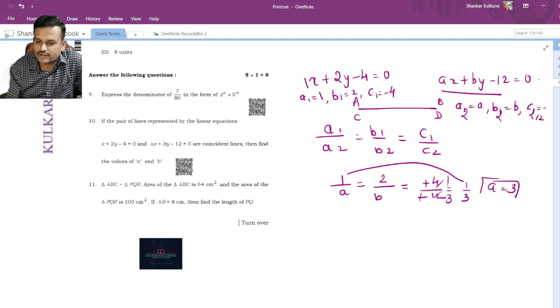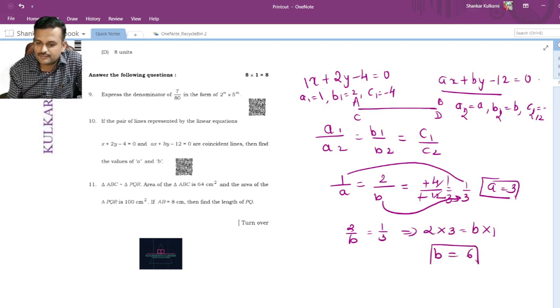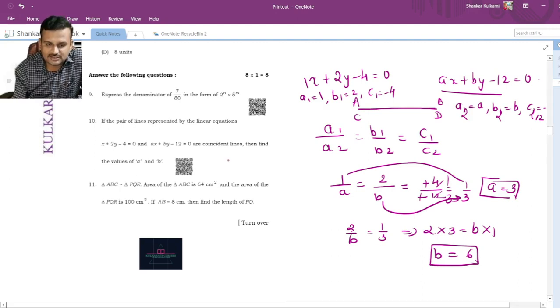Now compare 2 by b with 1 by 3. We get 2 by b is equal to 1 by 3. Do the cross multiplication: 2 into 3 is equal to b into 1. Finally, we get b is equal to 6. So we got the answers that a is equal to 3 and b is equal to 6.